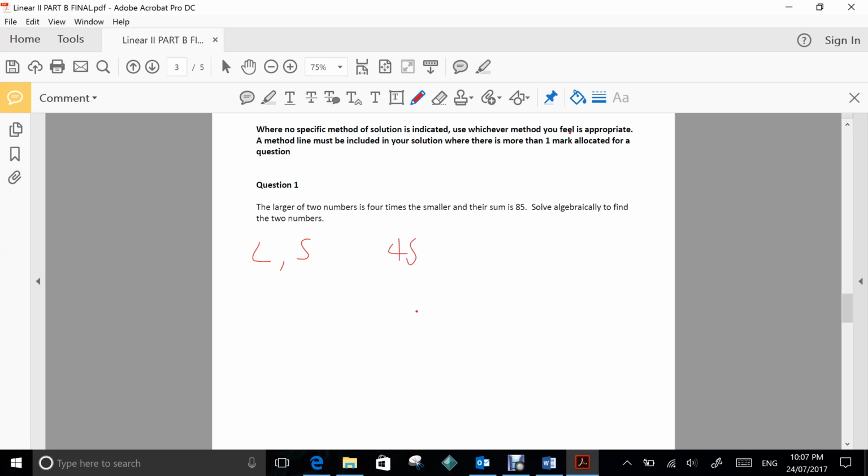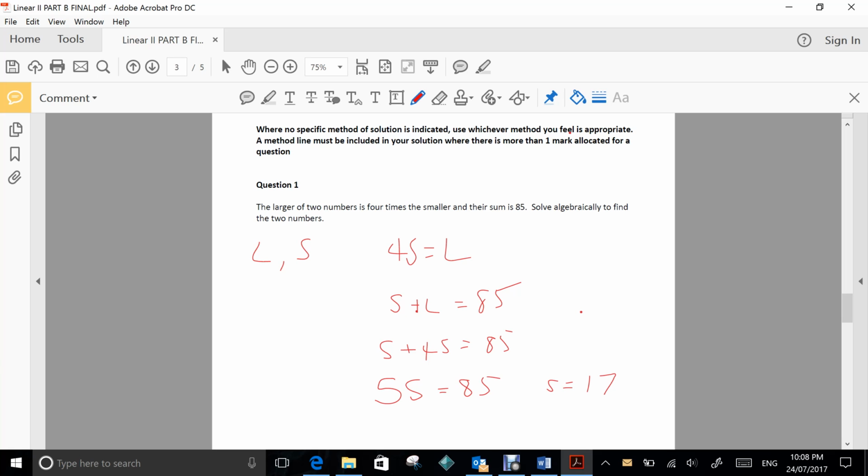So 4 smaller ones equals 1 larger one. And they add up to 85. So S plus L equals 85. Now for this method, I'm going to go with substitution. I'm going to substitute in 4S for L to get S plus 4S equals 85, which means 5S equals 85, which means S equals 17.